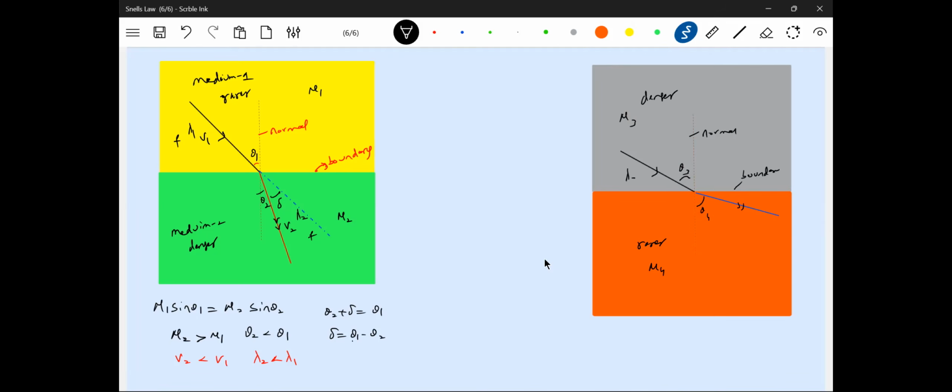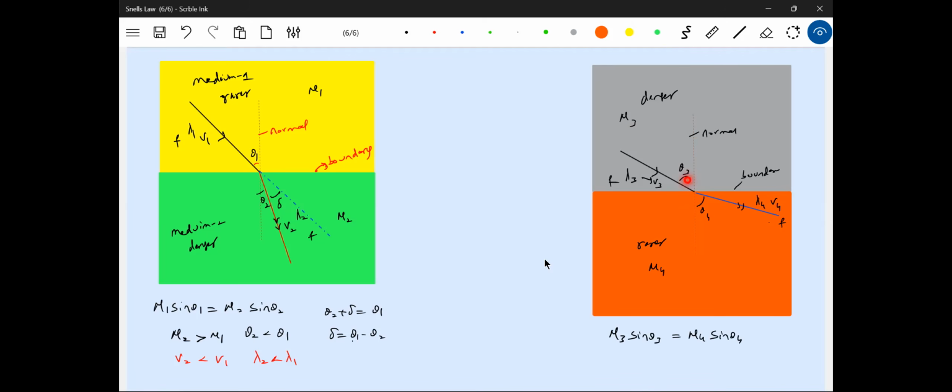Here the wavelength of light is lambda 3, speed v3, frequency f. Here the wavelength is lambda 4, speed v4, frequency f. Frequency will not change as light propagates from one medium to another. Then again we apply the same Snell's law: mu 3 sine theta 3 equals mu 4 sine theta 4.